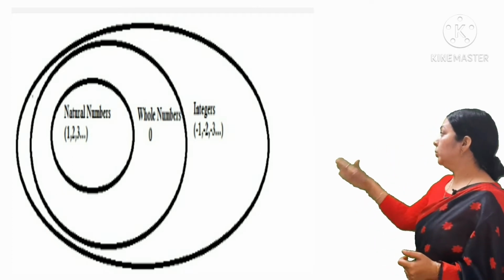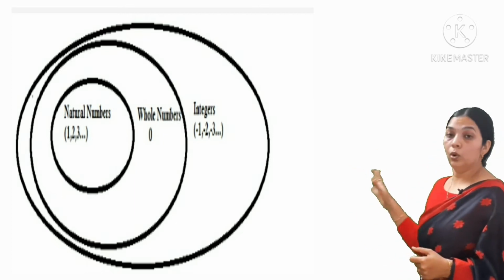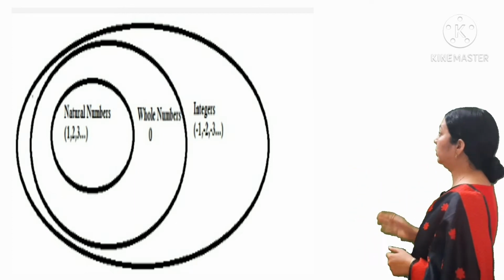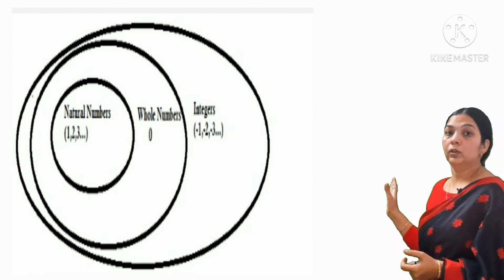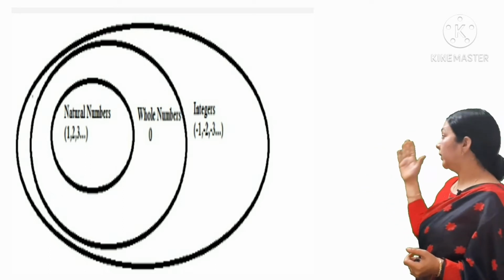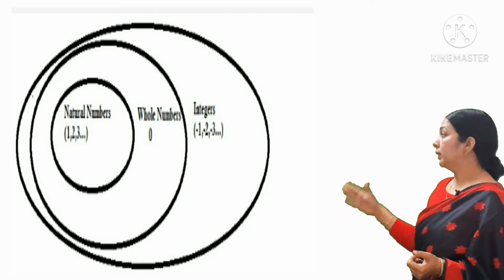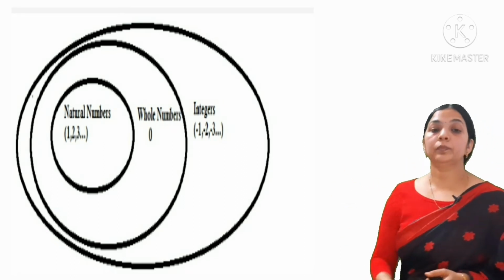If we include 0 with the natural numbers, it becomes the group of whole numbers, and if we include negative numbers along with all of them, it becomes the group of integers. These are all combinedly known as integers.